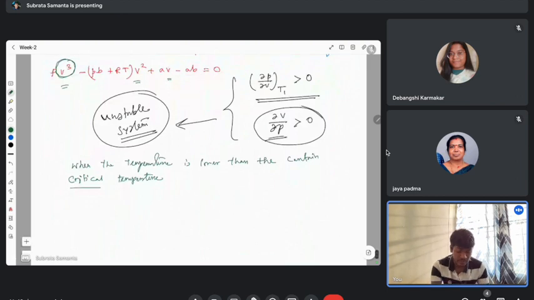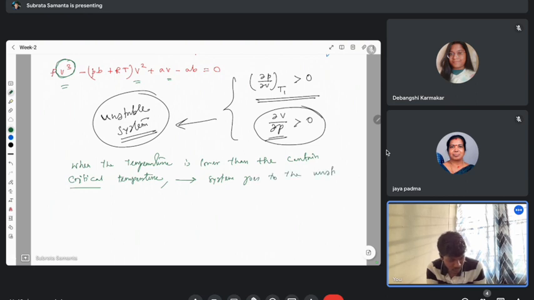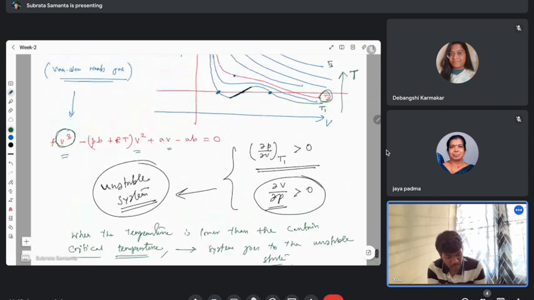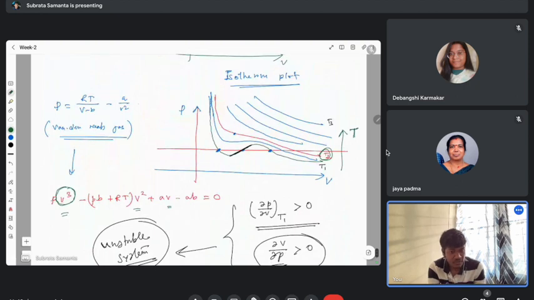When the temperature is lower than the certain critical temperature, a system goes into the unstable state. That curve is called the critical isotherm curve.